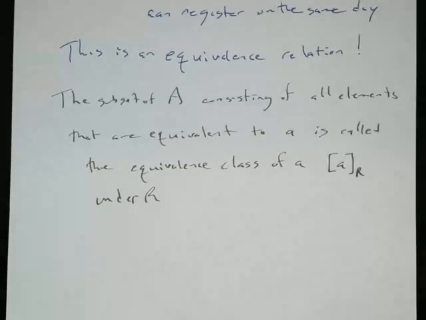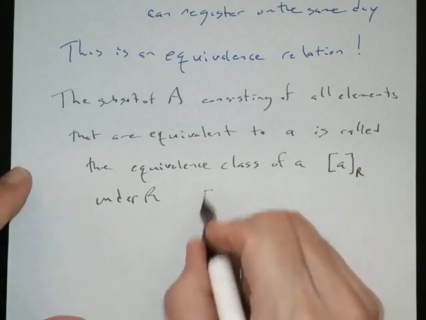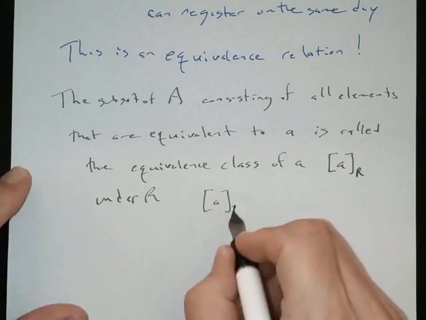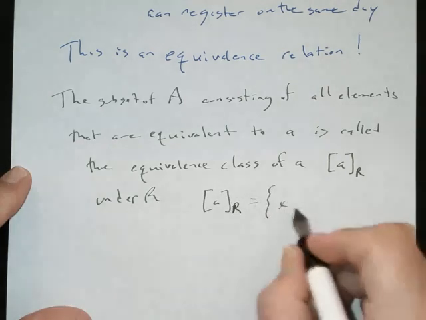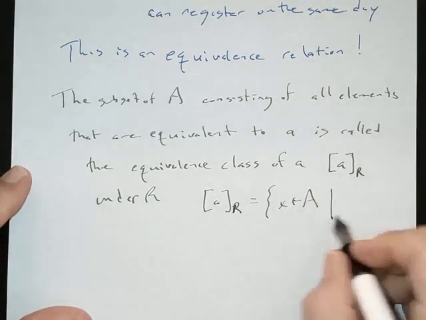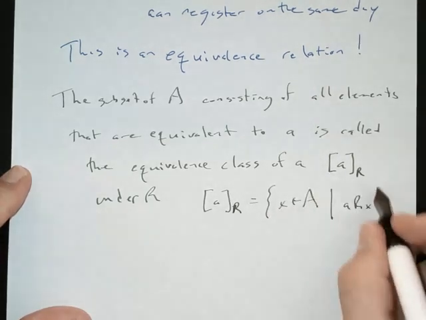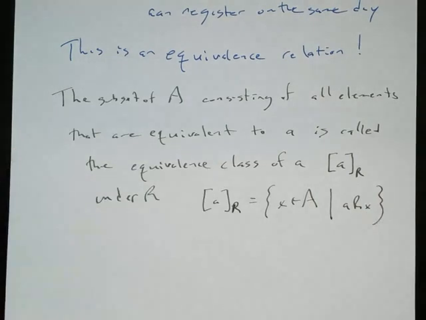The collection of things that are equivalent to a given element of my set is called the equivalence class of that element. Formally, it would look like this.